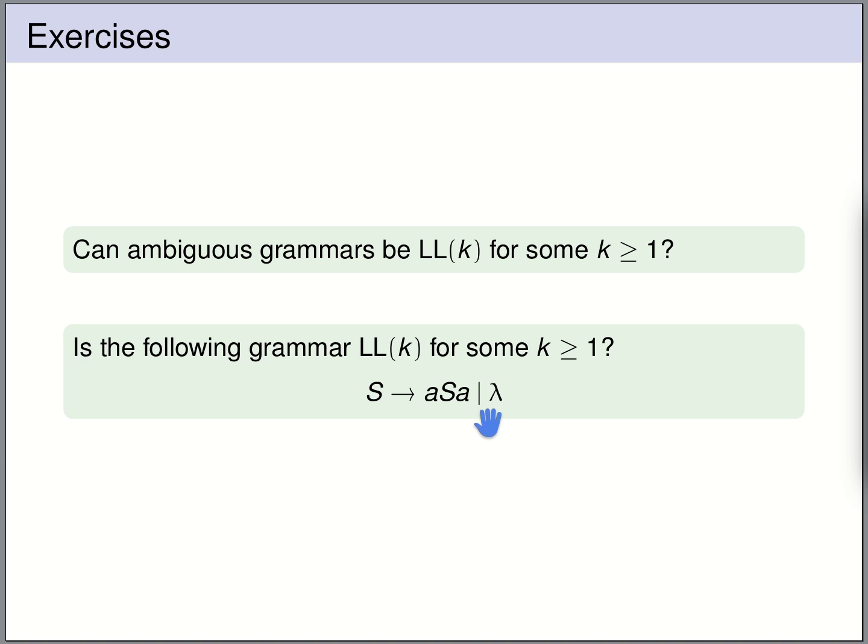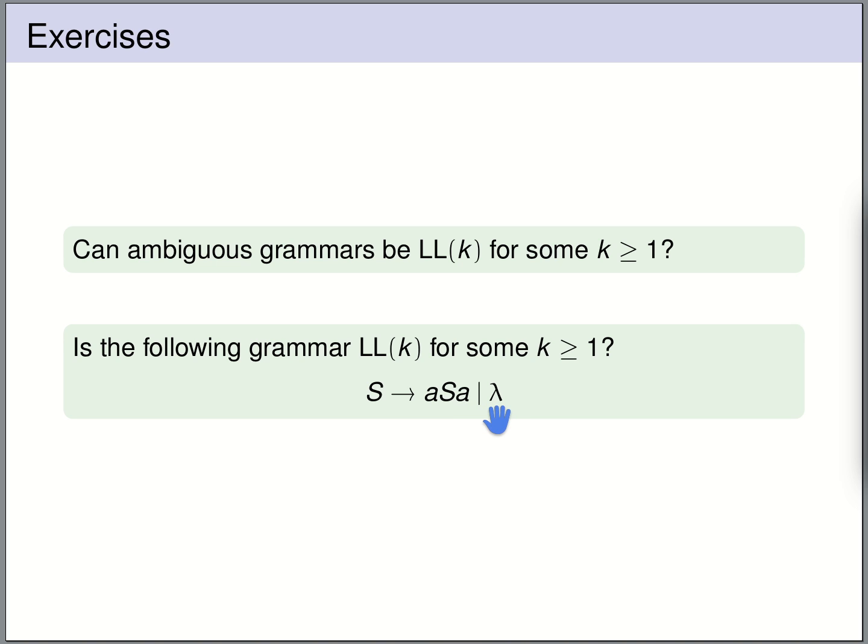If you pick any k, then if we generate a word that is longer than, let's say, 2k, then with the look ahead of k, we can never be sure whether we are before the middle of the word or after the middle of the word. So with this look ahead, we cannot know whether, if we are before the middle of the word, we should apply the first rule, and if we are behind the middle of the word, we should apply the lambda rule.